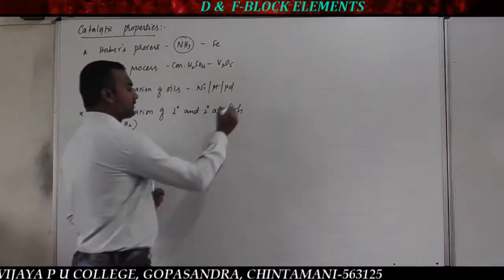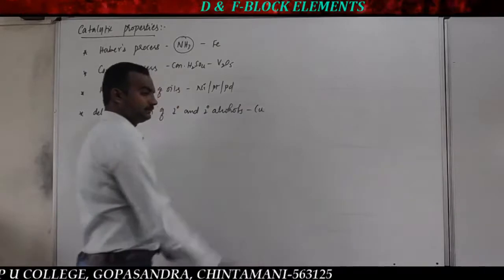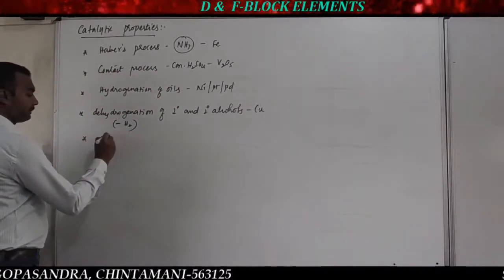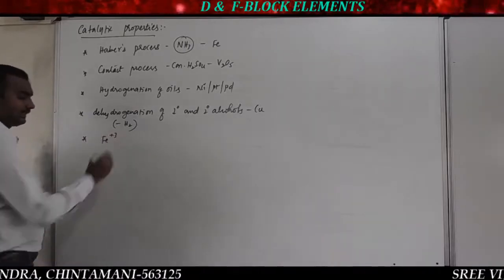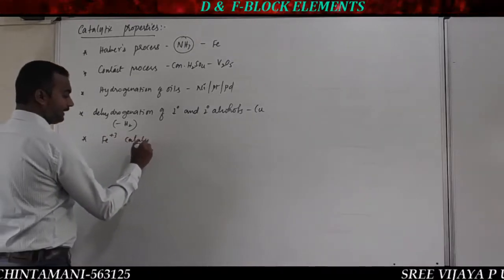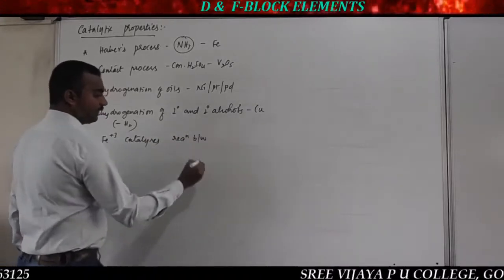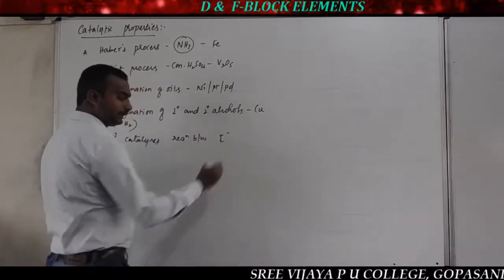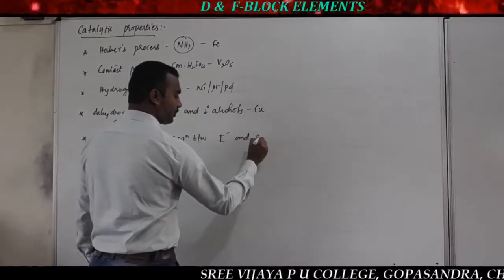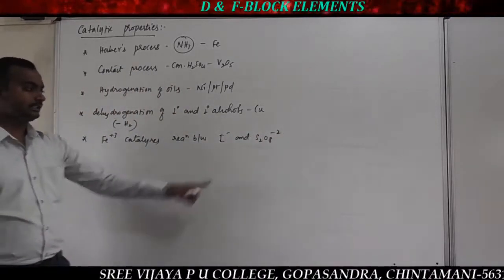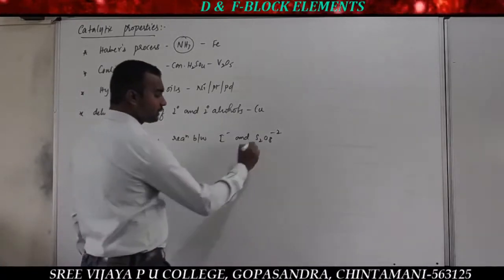For this, the catalyst used is copper, Cu. And one more is Fe3+, which acts as a catalyst that catalyzes a reaction between iodide ion, I minus, and peroxodisulfate ion, S2O8 2 minus. That is called peroxodisulfate ion.